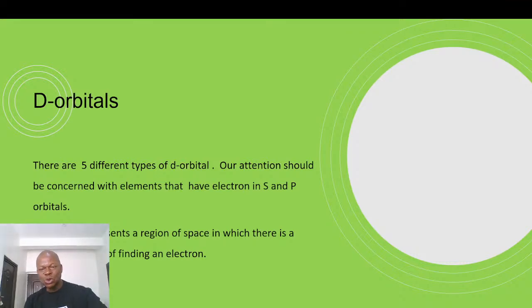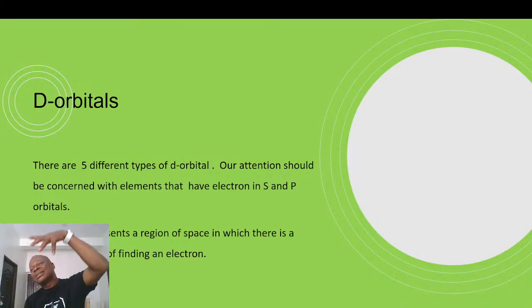Now, the next one is the d orbitals. There are 5 different types of d orbitals. But remember why I said that until I teach you more about the D block, your attention for now should be on the s and p orbitals.